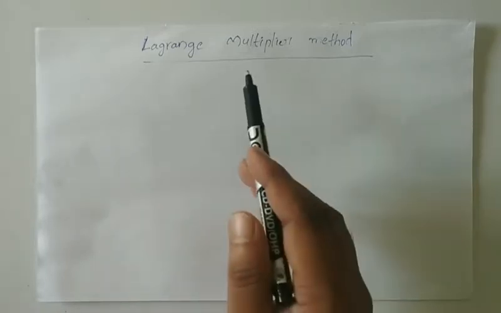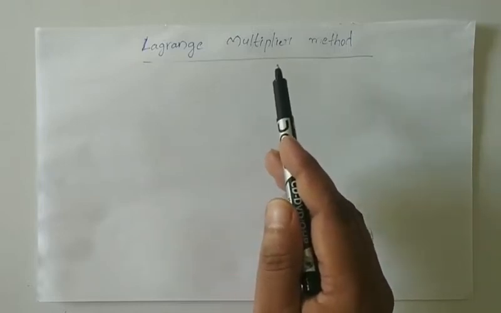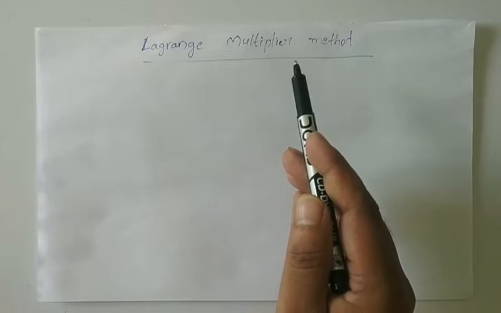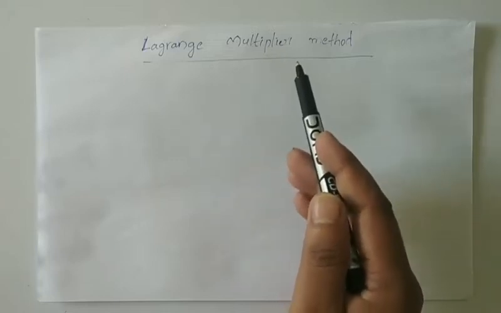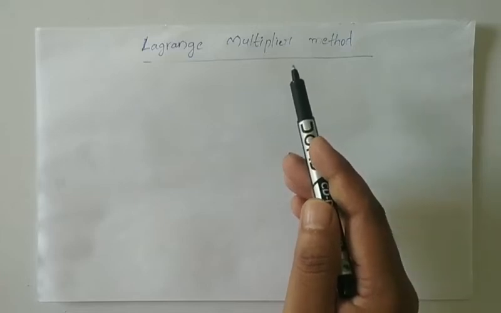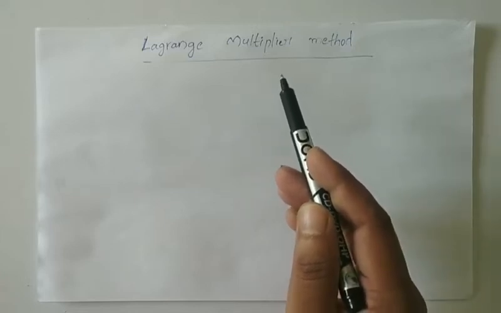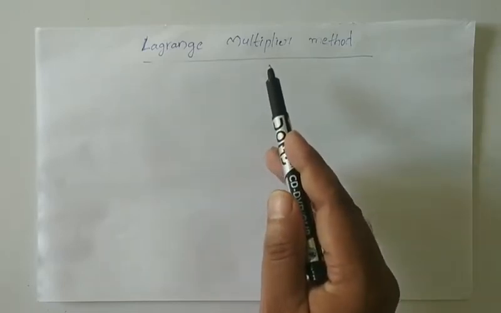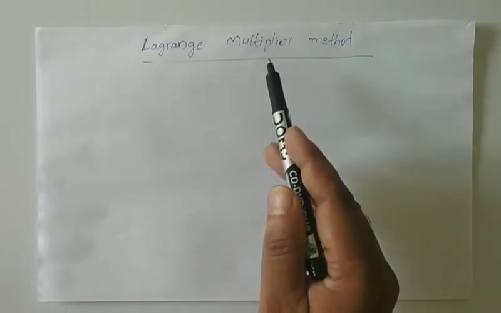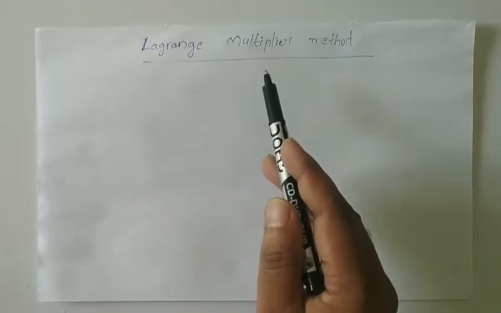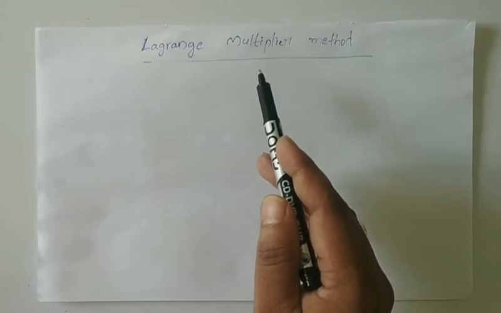That means the method of Lagrange multiplier is a strategy for finding maximum and minimum of a function subject to a constraint.